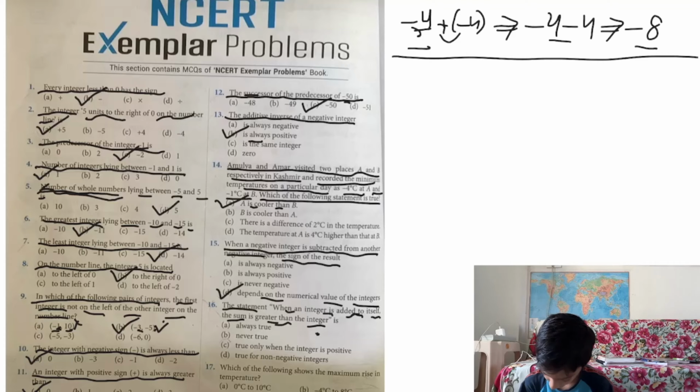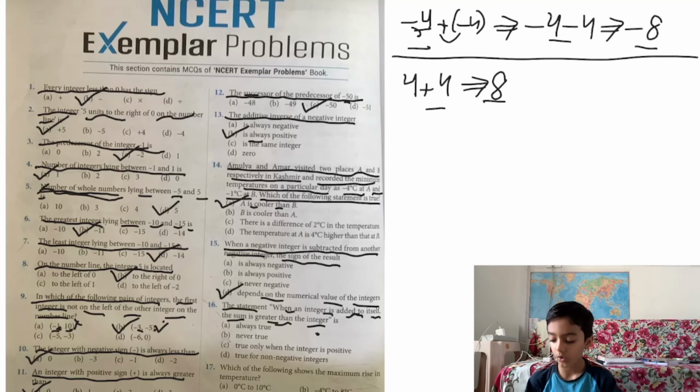We'll take 4 and add it to itself. 4 plus 4 is equal to 8, and 8 is greater than 4. So in the case of positive integers, the condition is being satisfied. So the correct answer of question 16 is option C, which is true only when the integer is positive.